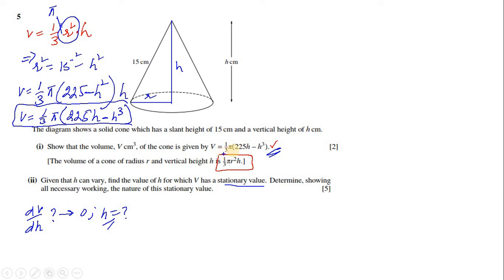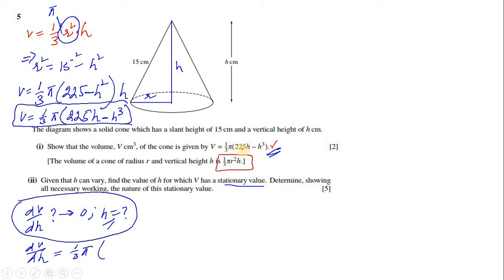Remember, V is equal to 1/3 pi, 225h minus h cube. So if you differentiate this, dV by dh is equal to 1/3 of pi. This is a constant, so 1/3 of pi stays the same.